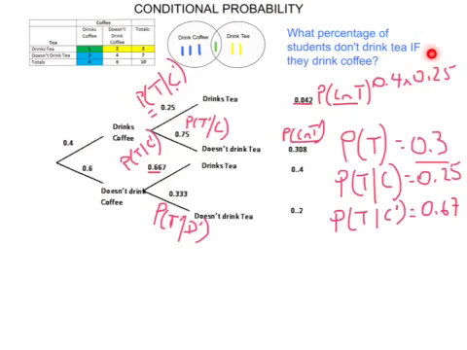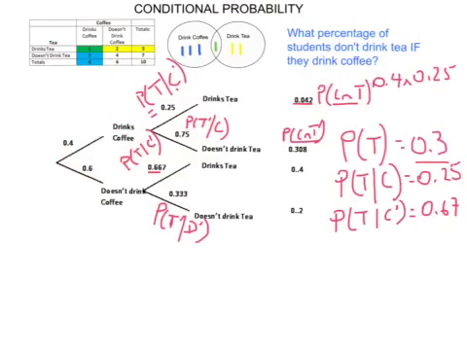Now just to alert you to the question here. We're just coming back to the first one we looked at. What percentage of students don't drink tea if they drink coffee? Now that's actually a bit of a backwards sentence. It's a good English sentence, but in terms of the events and the way things have happened, what we are asking is actually this.